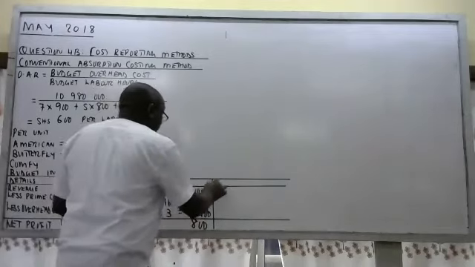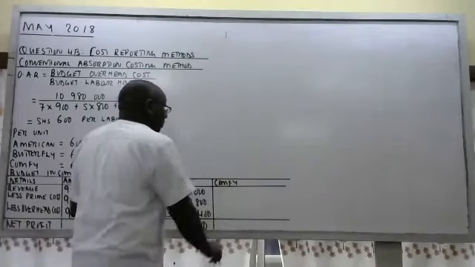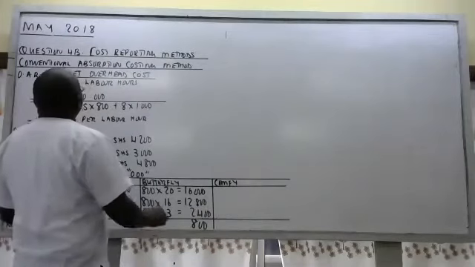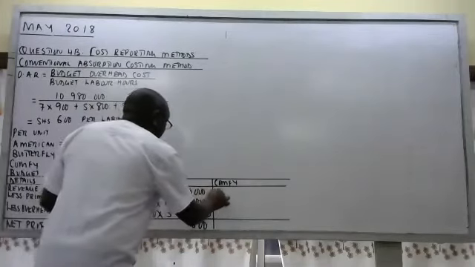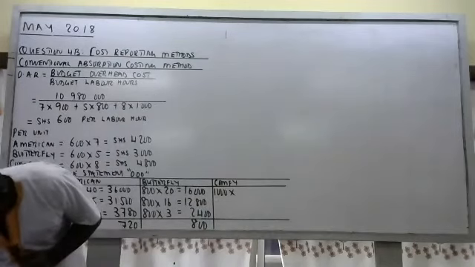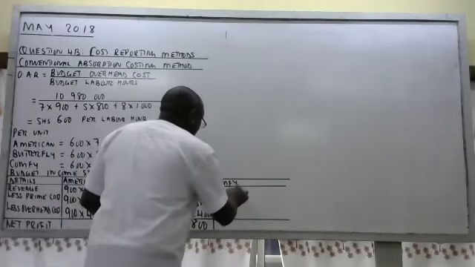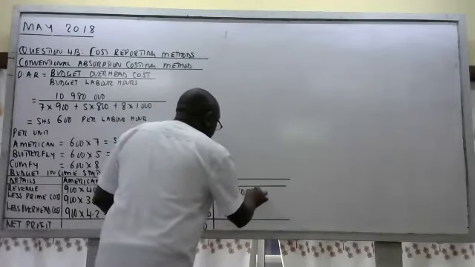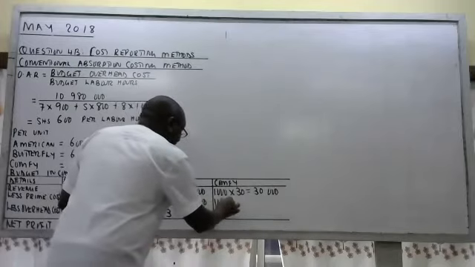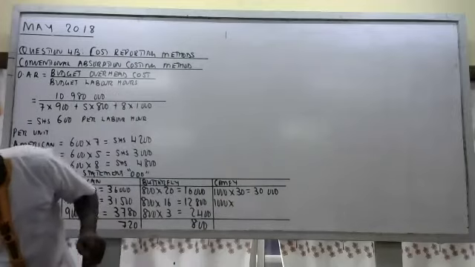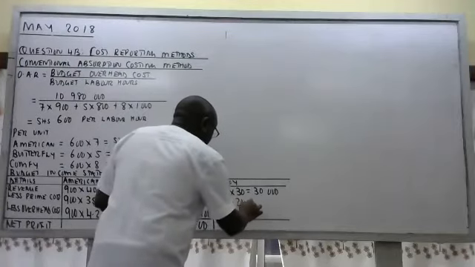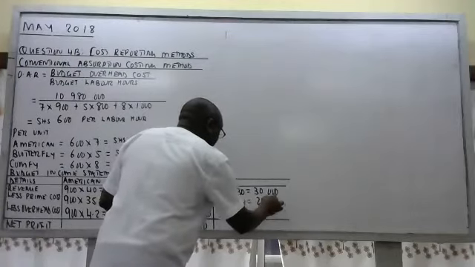Let us go to comfy. When we go to comfy, the units are 1,000 times the selling price of 30. So that is 30,000. Then 1,000 times the prime cost of 24 is 24,000.